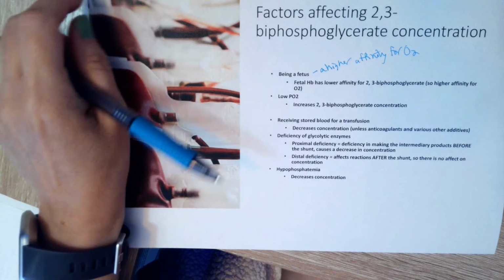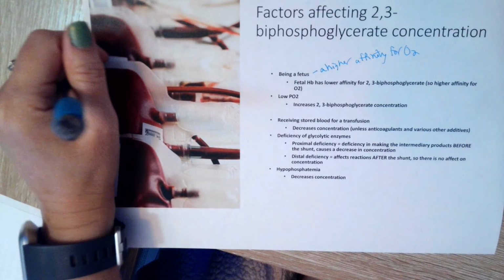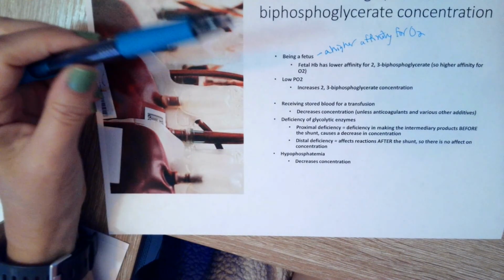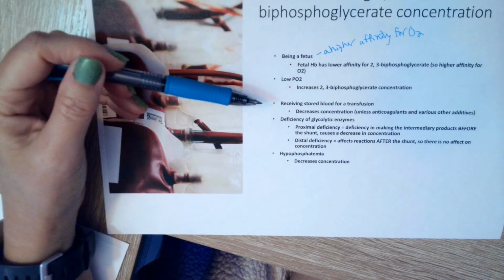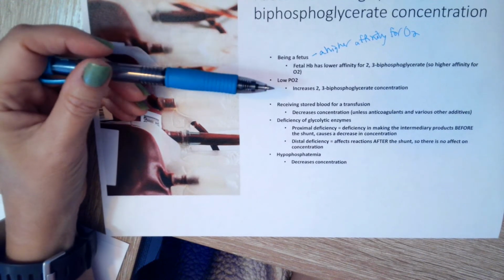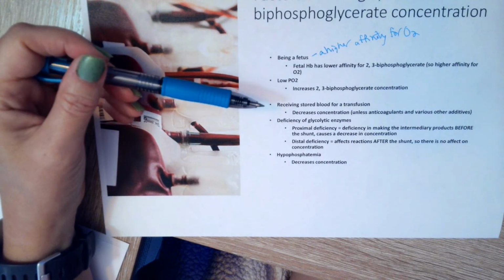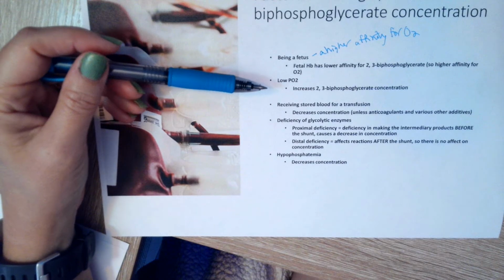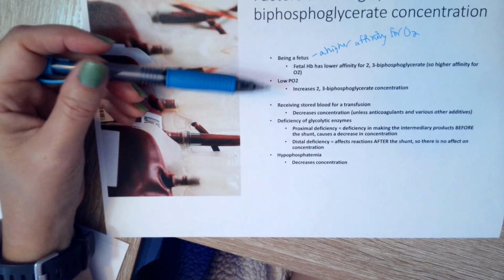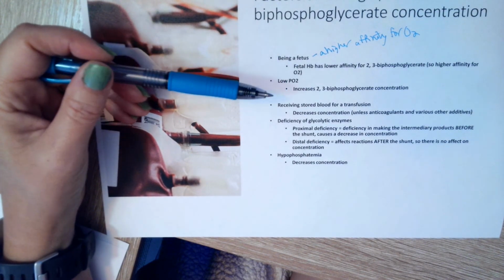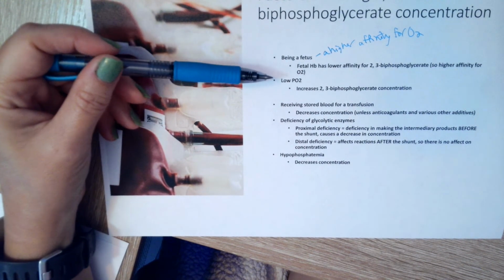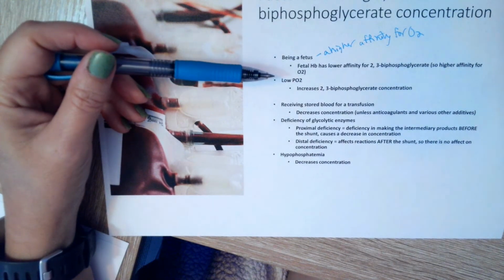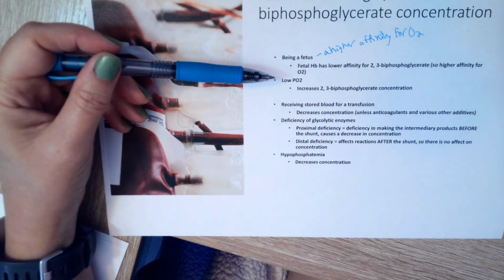And the reason for this is that the blood coming from the mother to the fetus does not have that much oxygen. It has a lot, but not a super high amount. So the fetus really needs to grab hold of that oxygen so that it can have the amount it needs in order to live. So the fetal hemoglobin has to have a higher affinity for oxygen than the mother's hemoglobin.